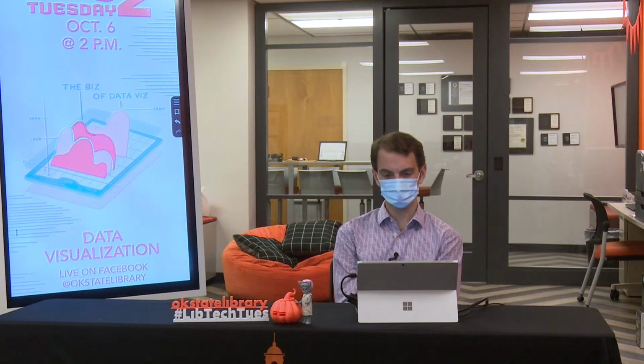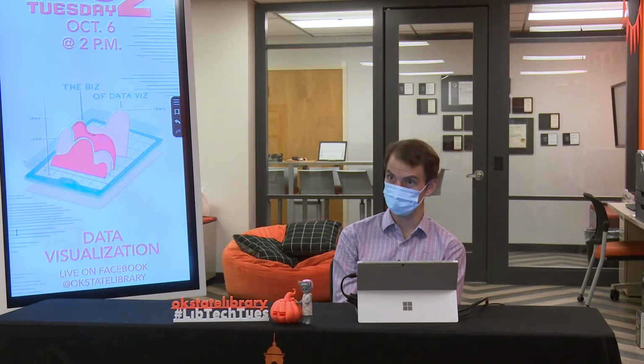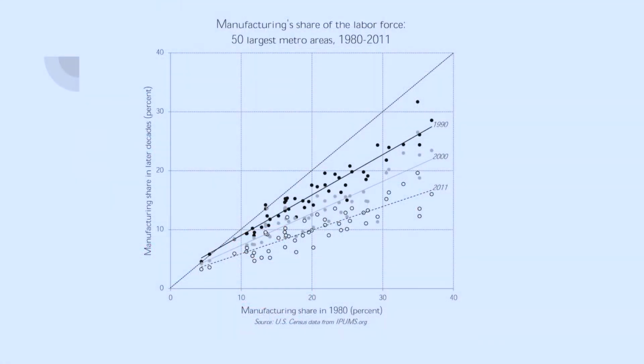So here's an interesting scatter plot where it's showing a relationship, but not quite in the same sense. It's showing the 50 largest metro areas in the US from 1980 to 2011, and what percentage of the labor force in each metropolitan area is coming from manufacturing.